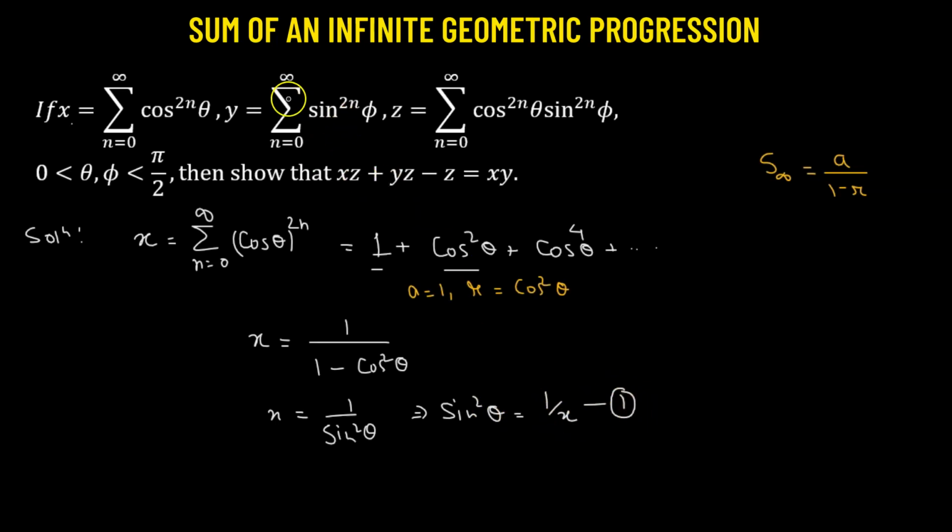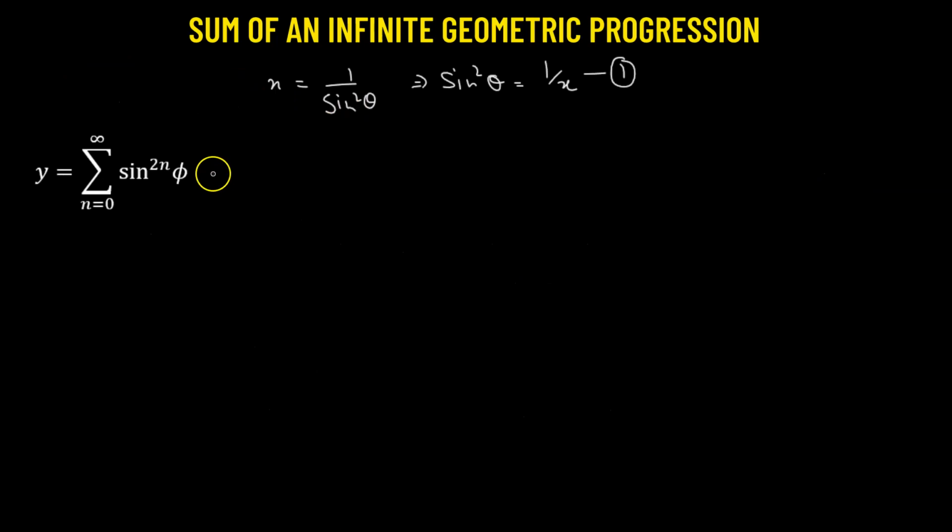Now let's work on the second infinite geometric series y, which is given by the summation n going from 0 to infinity of sine phi raised to the power of 2n. So let's expand the summation. The first term is going to be 1, followed by the second term, which will be sine squared phi. Then the third term will be sine raised to the power of 4 phi, and it goes on.